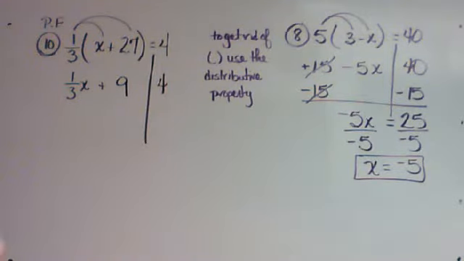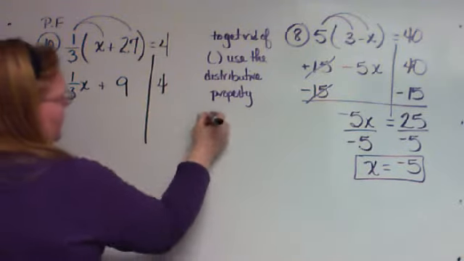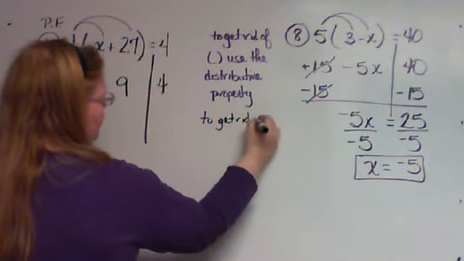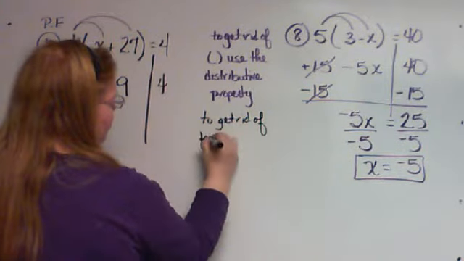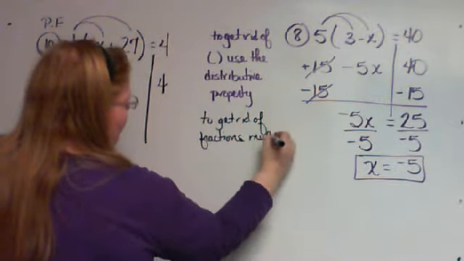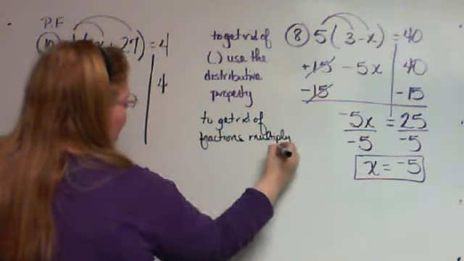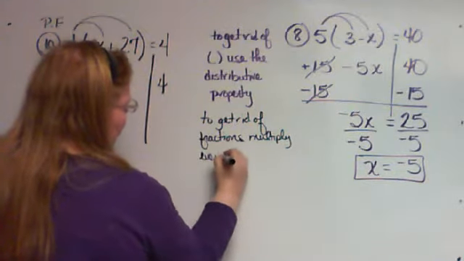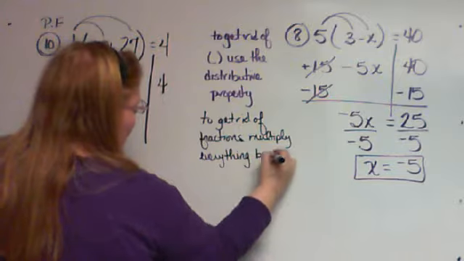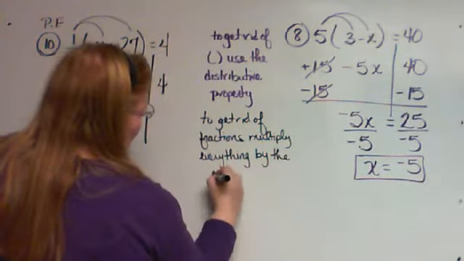Now, my way says you get rid of the fraction next, because I don't like fractions, so I want to get rid of them. So in order to get rid of fractions, you need to multiply everything by the common denominator.